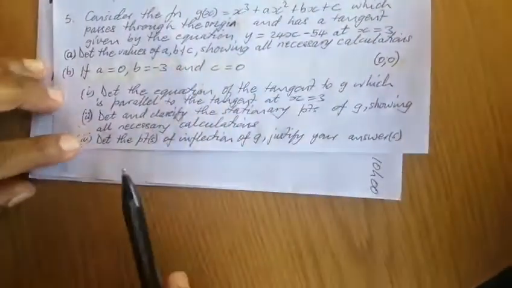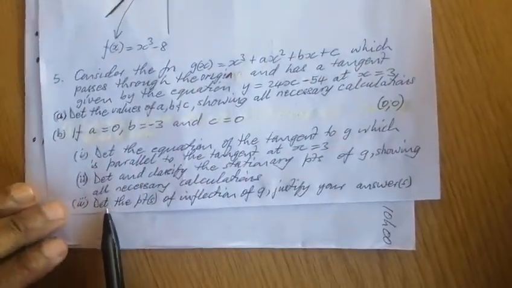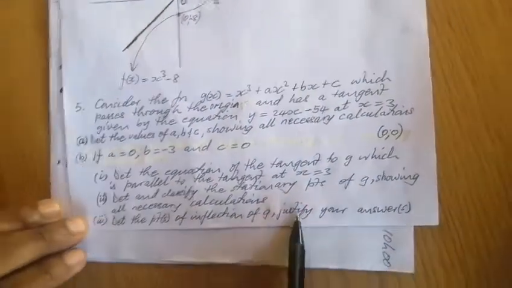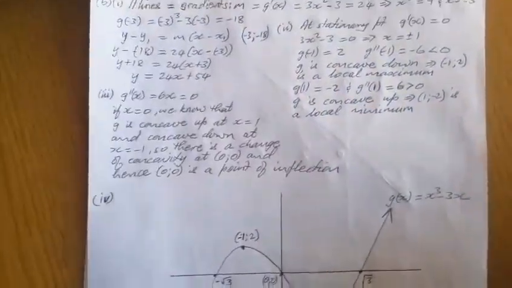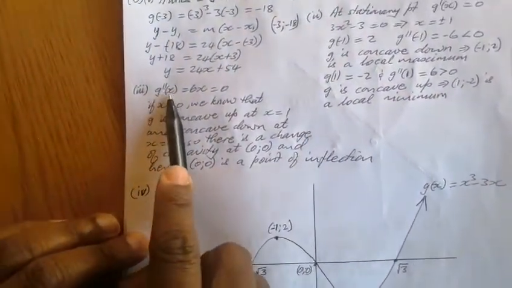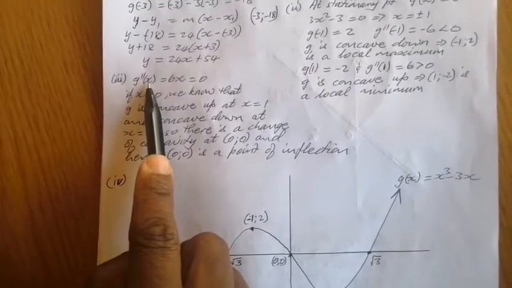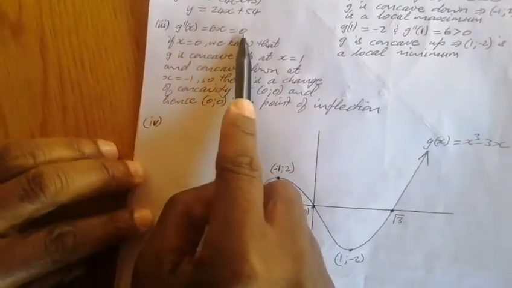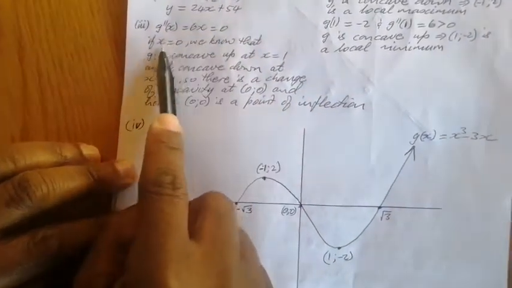Then from there, we are doing part 3. Determine the points of inflection of G. Justify your answers. Well, in this question, we are talking G double dash of x, because the x value is always given when we derive for the second time, and that is equal to 0. Then x is 0.